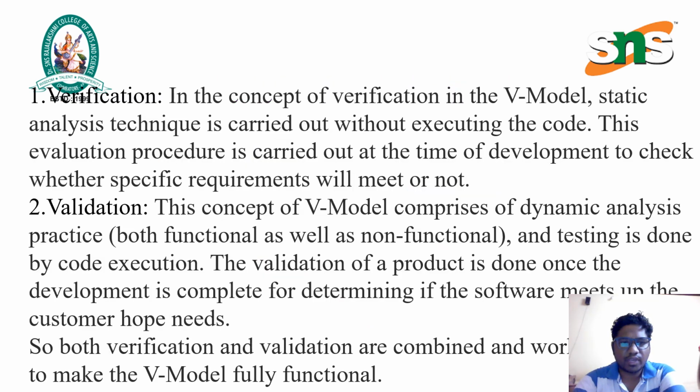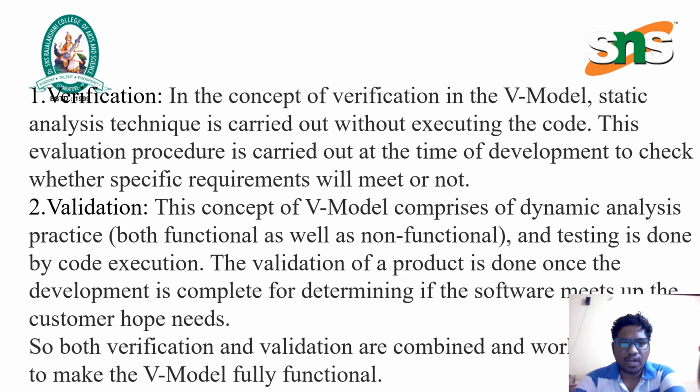Next is verification. In the V model, verification uses static analysis techniques carried out without executing the code. This evaluation is carried out during development to check whether specific requirements will be met or not. Second is validation. This concept comprises dynamic analysis practices, both functional and non-functional, and testing is done by executing the code.